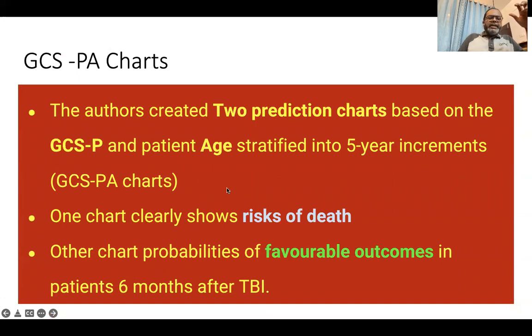The most important thing is that with the addition of age along with the GCS-P, there are charts or nomograms which show the risk of death, and a separate nomogram to predict a favorable outcome in the 6-month period after the traumatic injury.